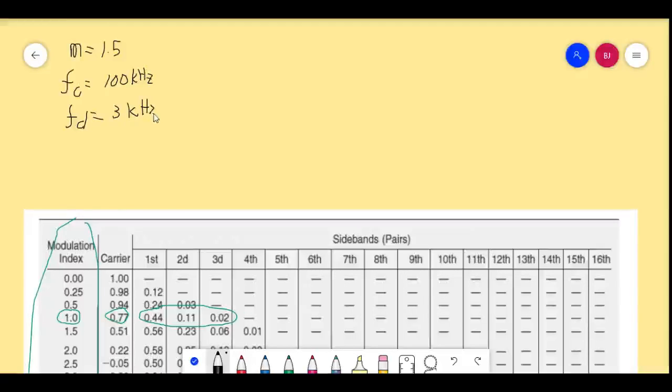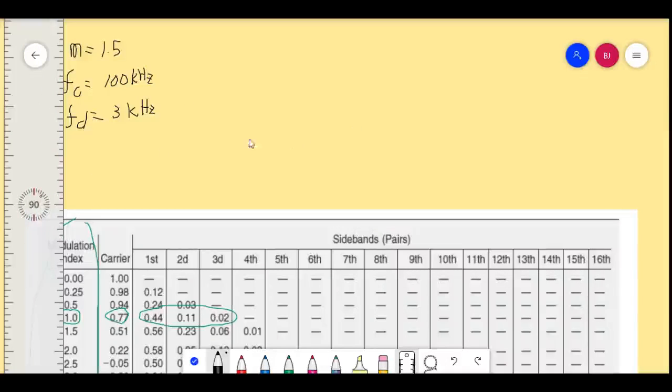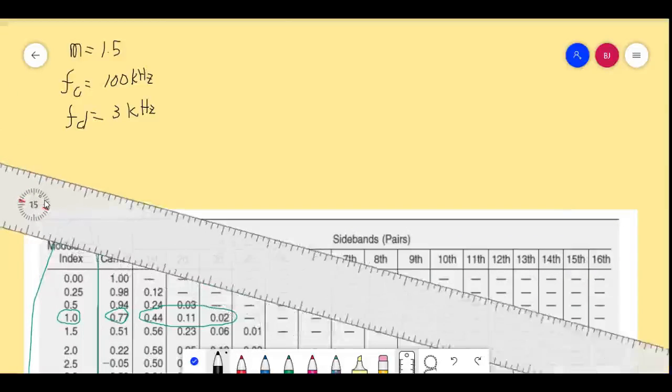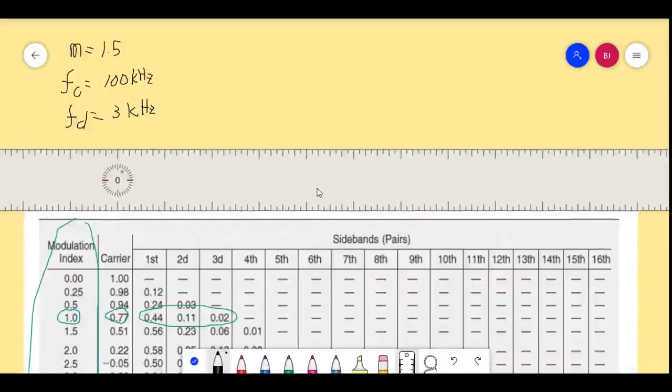And we are tasked to actually create or show the frequency spectrum of this signal complete with its proper labels. So this time around, we'll be able to put in frequencies from the Bessel function table. Let's start, of course, with the horizontal line, or our x-axis, which would show us the range of frequencies we need.